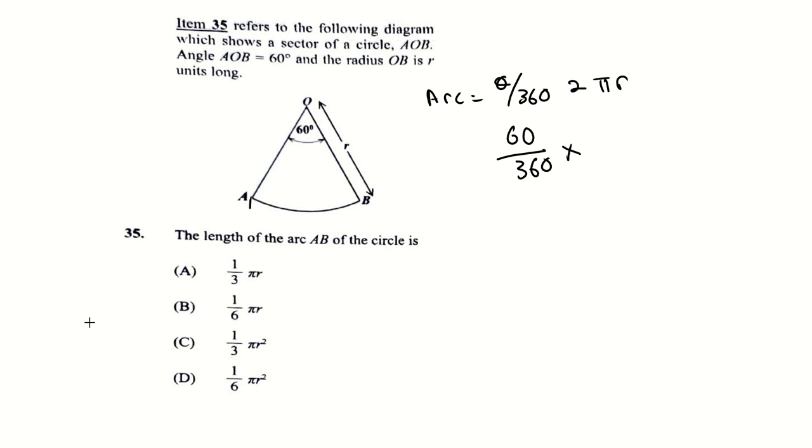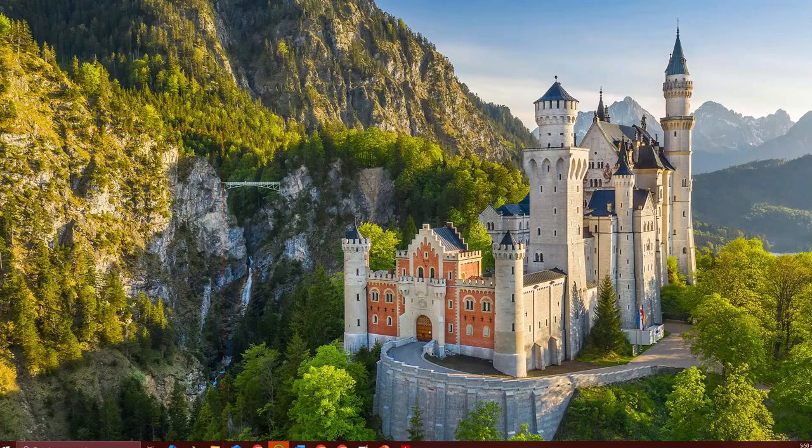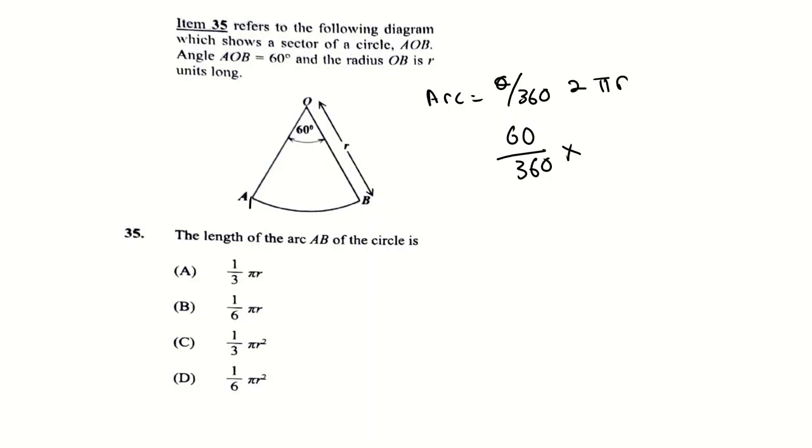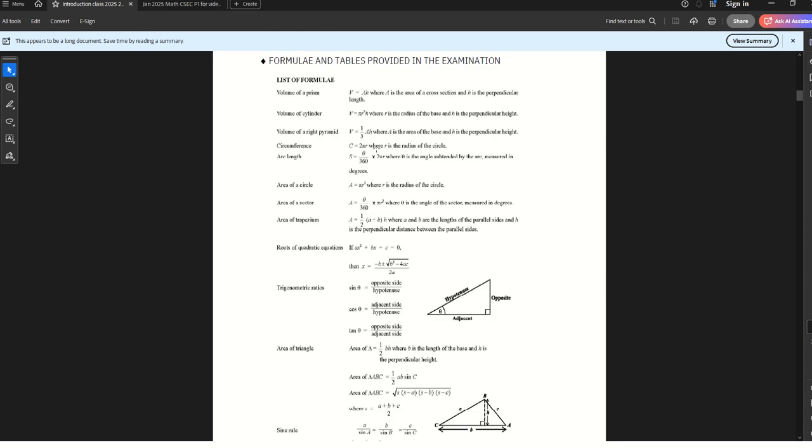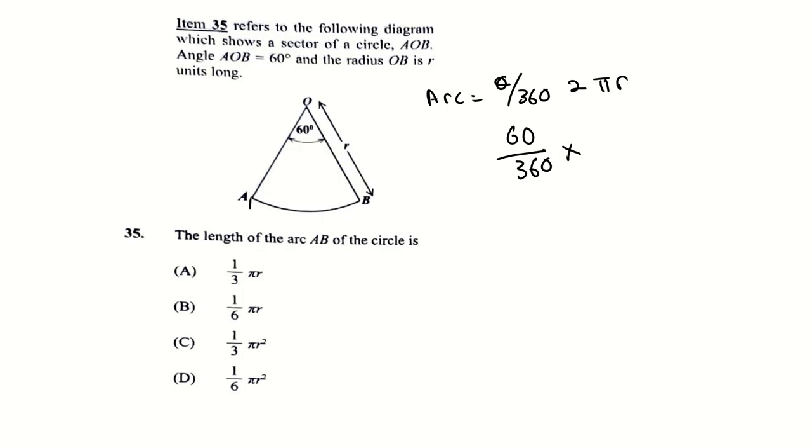Right, so when we look at length of an arc, let's look at the formula because I want to make sure I'm doing the correct thing. If you look at for length of an arc, it's theta over 360 by 2 pi r. So that's multiplied by 2 over 1 multiplied by pi multiplied by r.